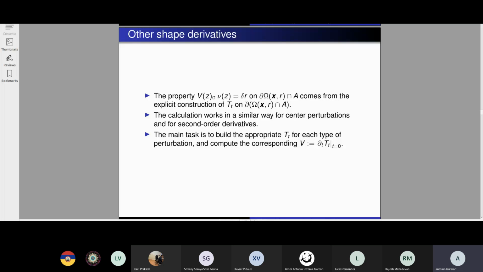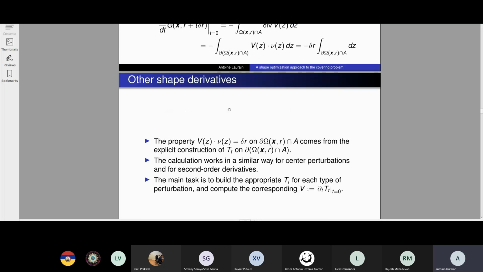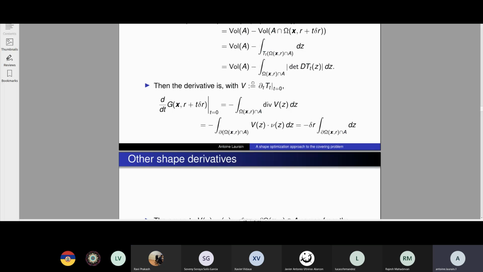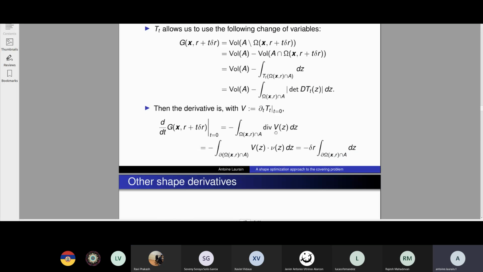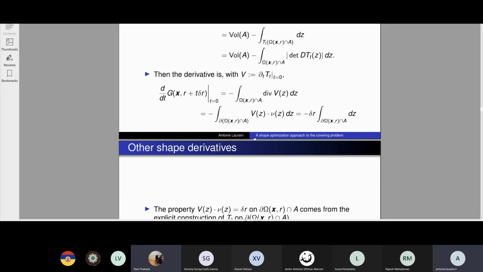It comes from the explicit construction of the capital T on the boundary. For center perturbations and for second order derivatives, it works with the same principle. It's just that the second order derivative is a bit more complicated, because you need to use some tangential divergence theorem, but the principles are similar.